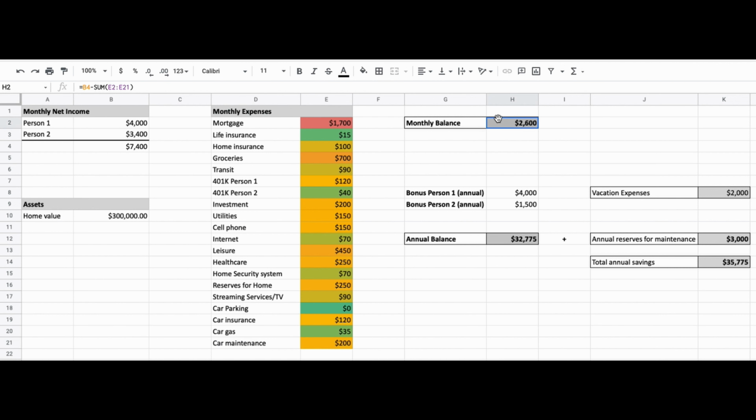Okay, so once you have included all of your expenses, you just need to look up here and you have your monthly savings already filled out in the cell H2. If you need to save more, try adjusting your expenses on the left and make those adjustments to your daily habits. For instance, what about that $4 coffee you drink every morning? Is that really necessary?